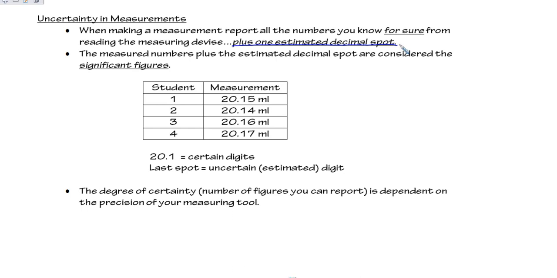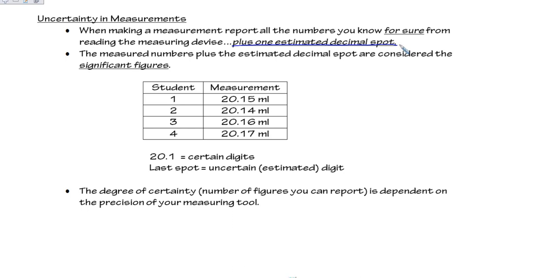I know for sure it hit 20 milliliters. I'm estimating 20.1. Maybe it was 20.0. Maybe it was 20.2. But that's not the case here. This graduated cylinder must have a line that says 20.1 milliliters. And we know it hits the line, and in fact, our volume reading is a little bit higher.